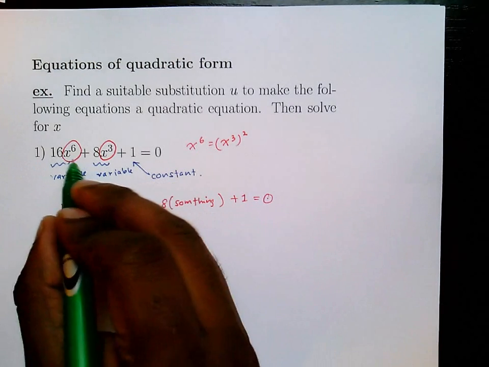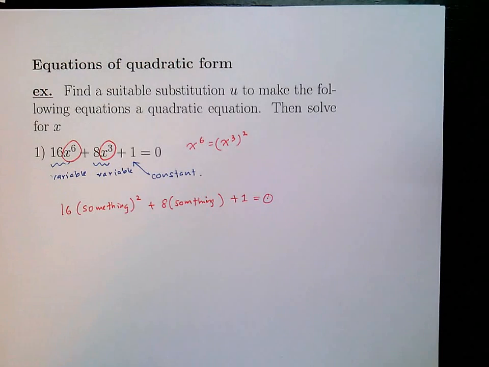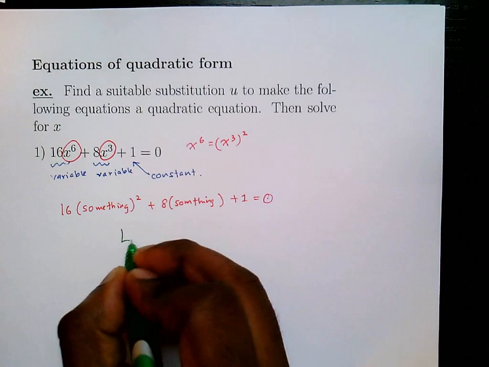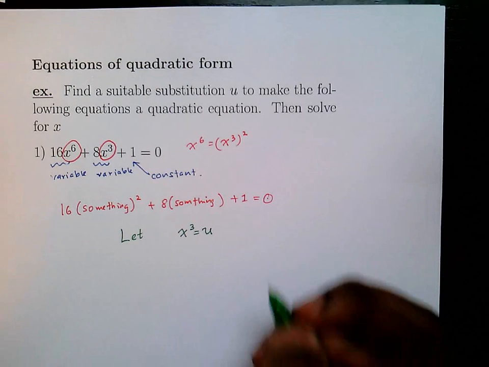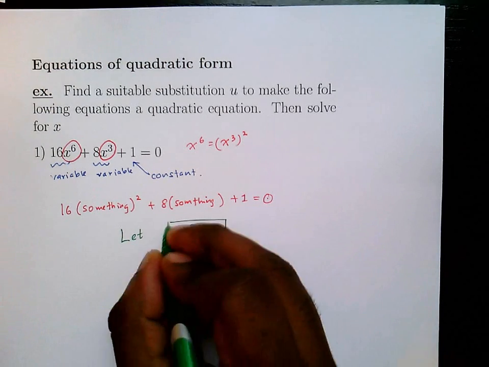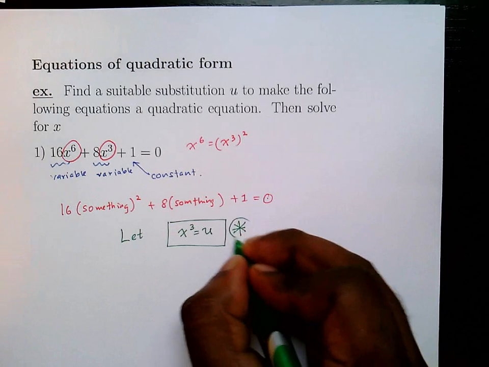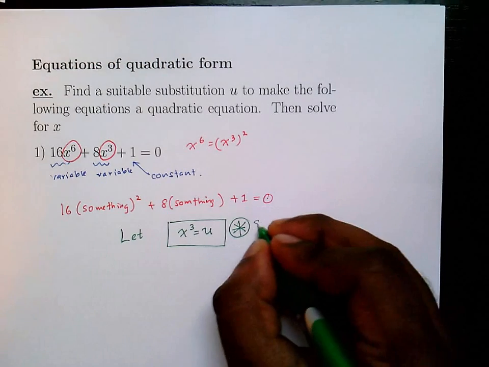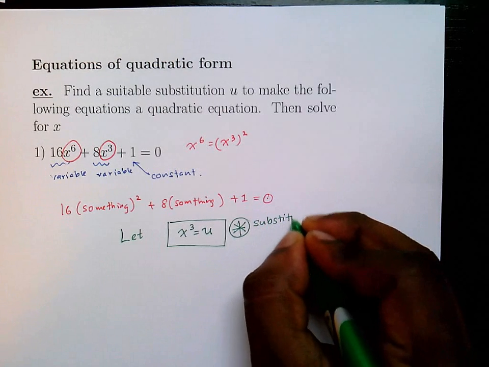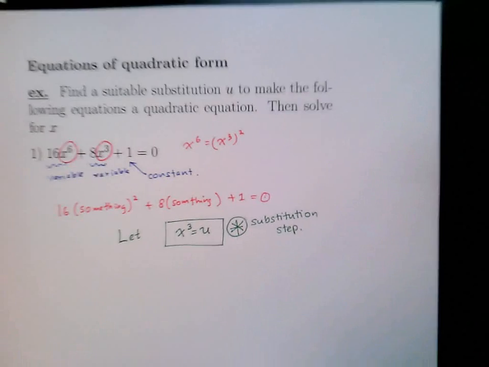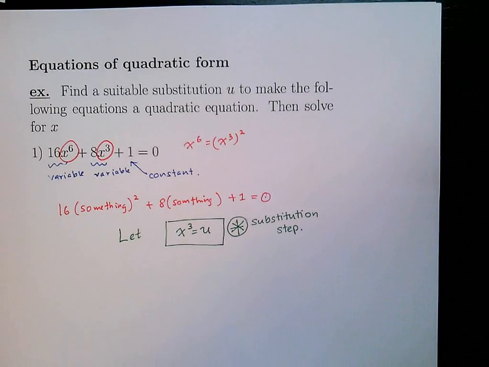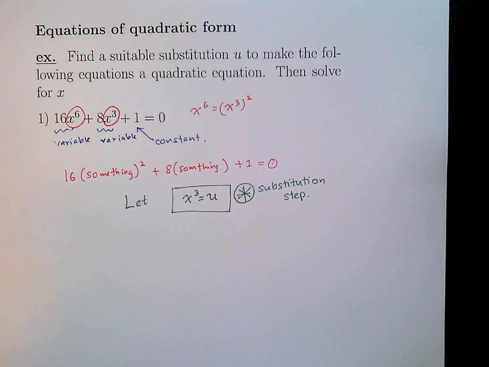Okay. So here what you do is you look at the variable with the lesser exponent and make it u. So let x cubed be equal to u. Okay. That is the substitution step. Now, let's go and do the substitution.